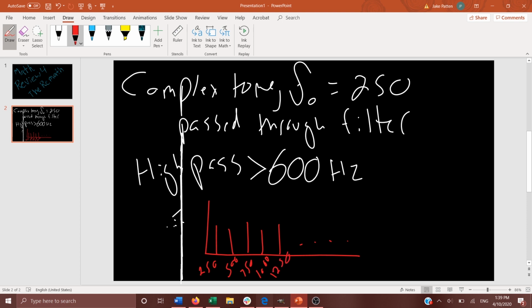Mental math game is struggling today. So then your high pass filter is going to filter out anything below 600 hertz. It's going to pass anything above 600 hertz. So the output will look like this.